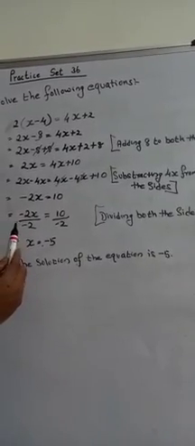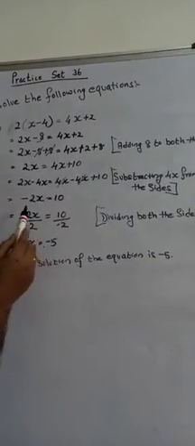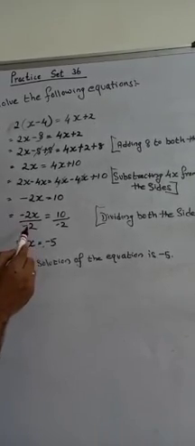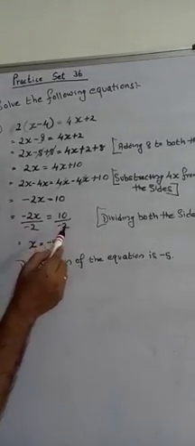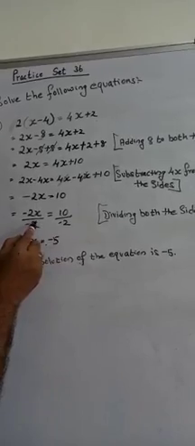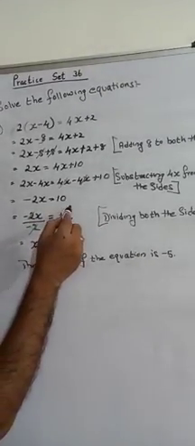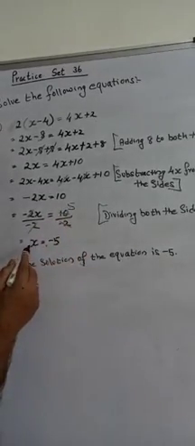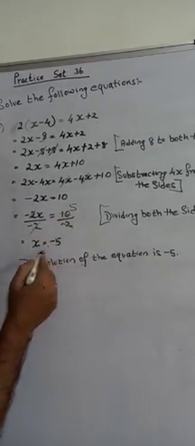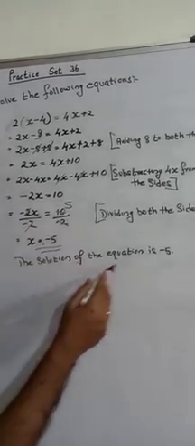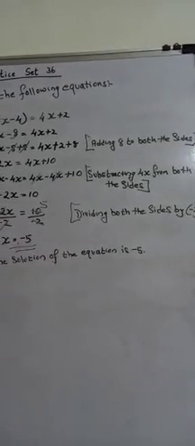Now we'll divide by minus 2 on both sides. So minus 2x upon minus 2 is equal to 10 upon minus 2. Again the same way it gets cut, and 2 goes 5 times. So x is equal to minus 5. The solution of the equation is minus 5.